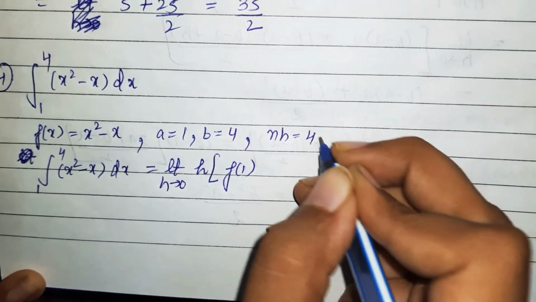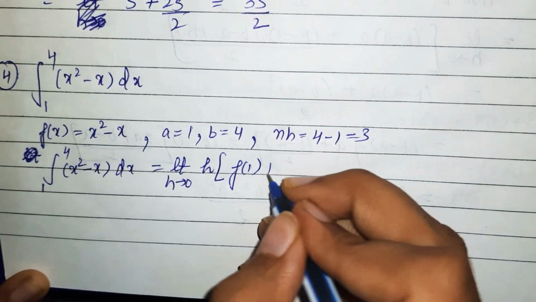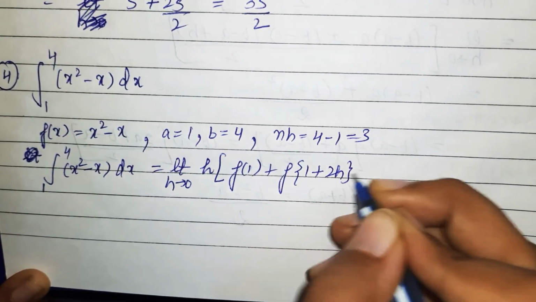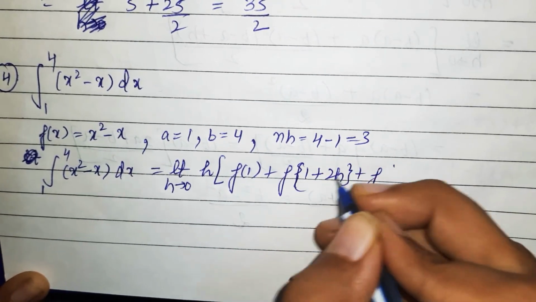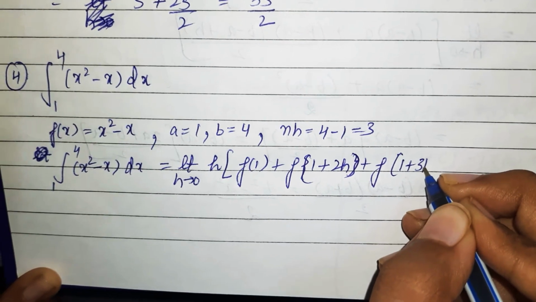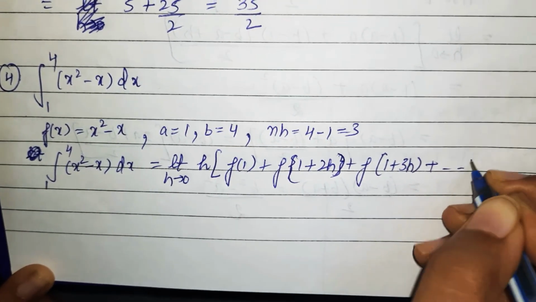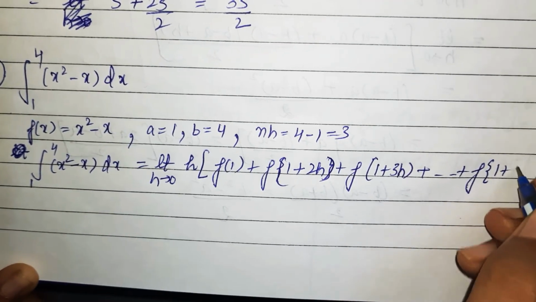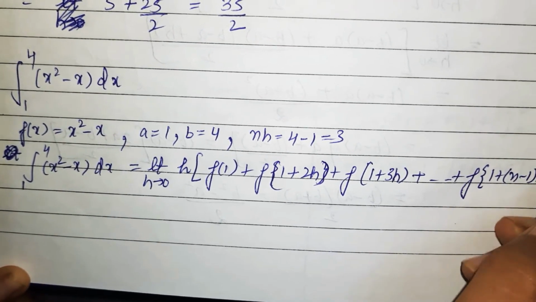That means 4 minus 1, so you will be getting 3. f of 1 plus 2h, f of 1 plus 3h. We are not supposed to write 3h. You can go for the last term, 1 plus n minus 1h.